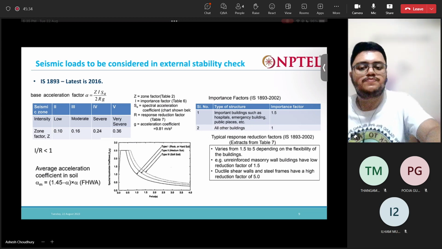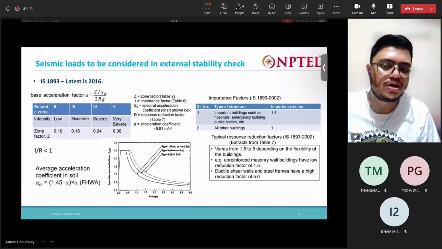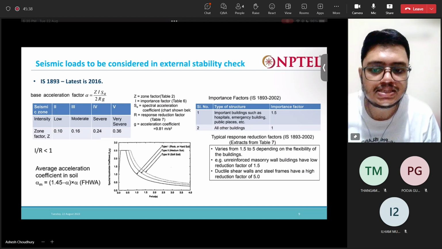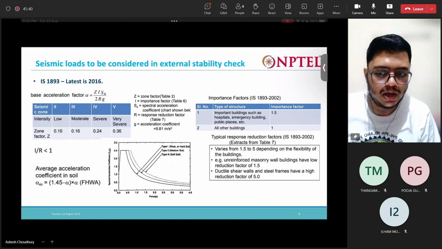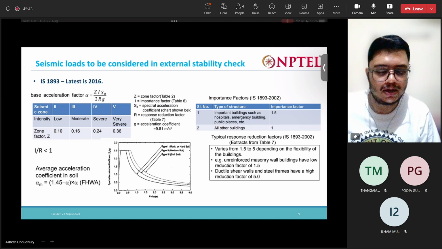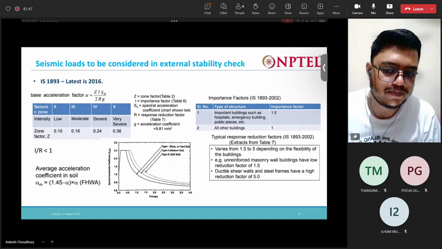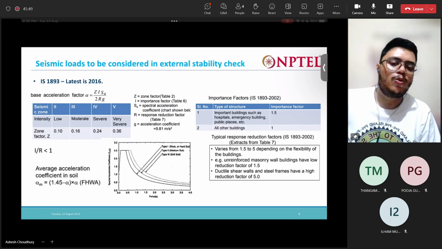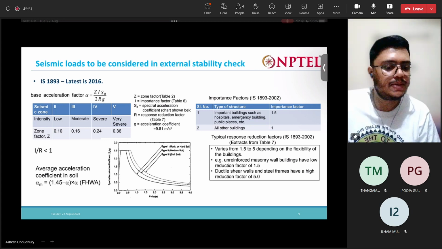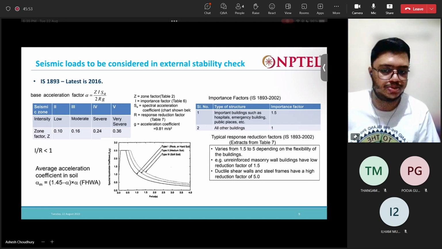Say the building is located on rock, we have one graph, for medium soil one graph, and for soft soil one graph. So it depends on what type of soil condition our structure is situated on.